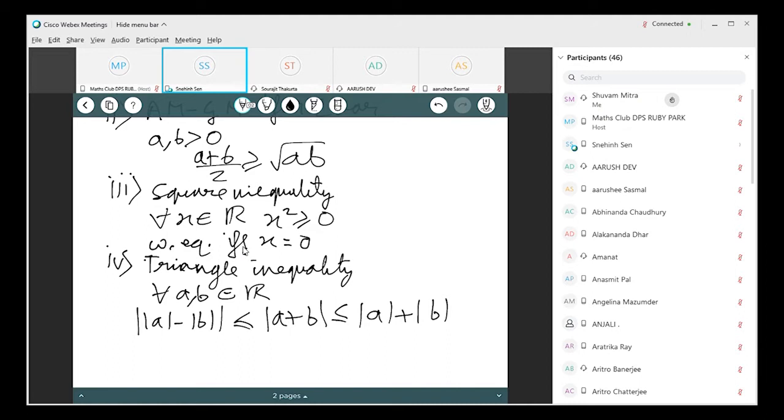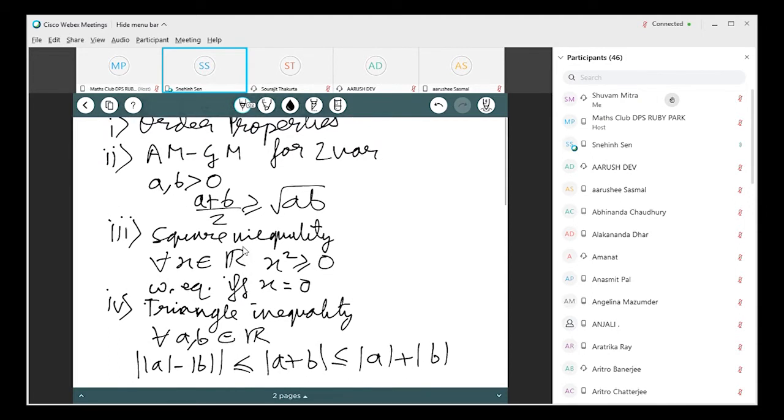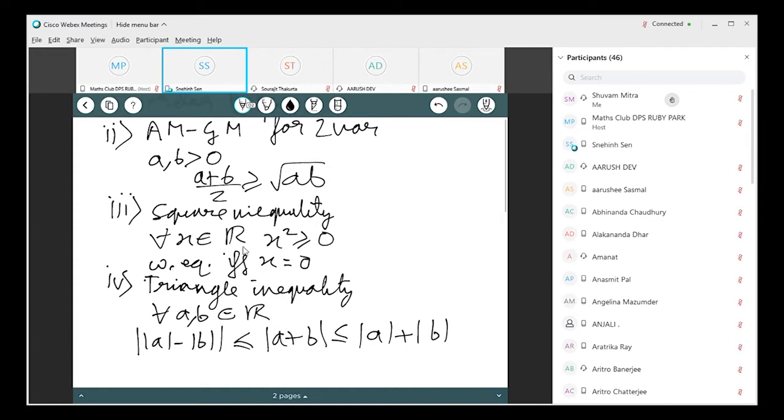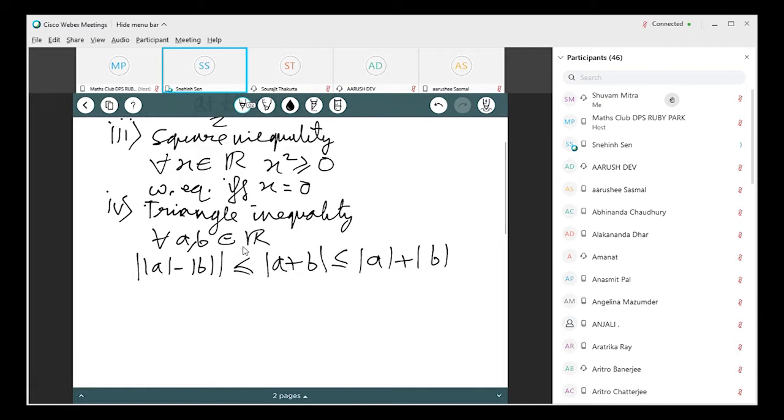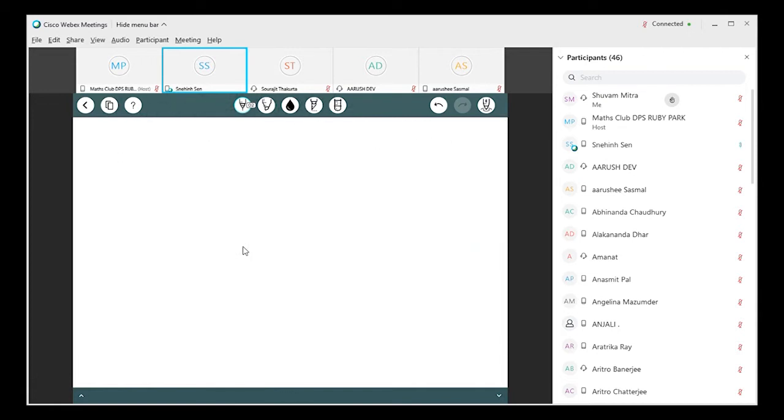So the first thing I discuss today is how we can generalize our square inequality to some more variables, and then also how we can generalize AM-GM. The very easy consequence of the square inequality is the following.